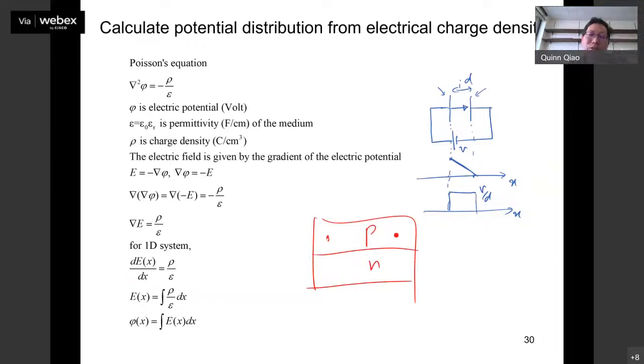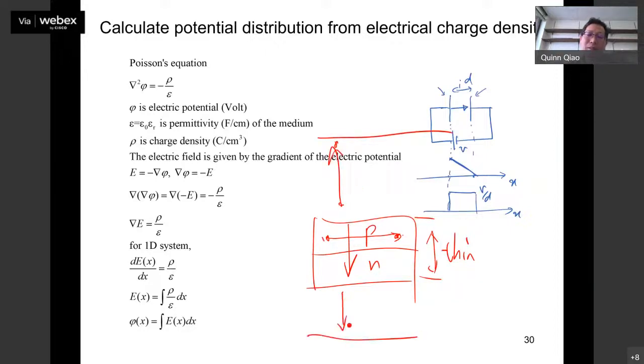If you do from here to here, the wafer can be very big. Of course, you'll see the diffusion, you'll see the transport, right? But in this direction you cannot see it because the electric field is so big, right? You also see this layer is very thin. If you do from here to here, that's the same thing as going from here to here, same concept. That's why you can see it. If you do it that way, you can see it, okay?